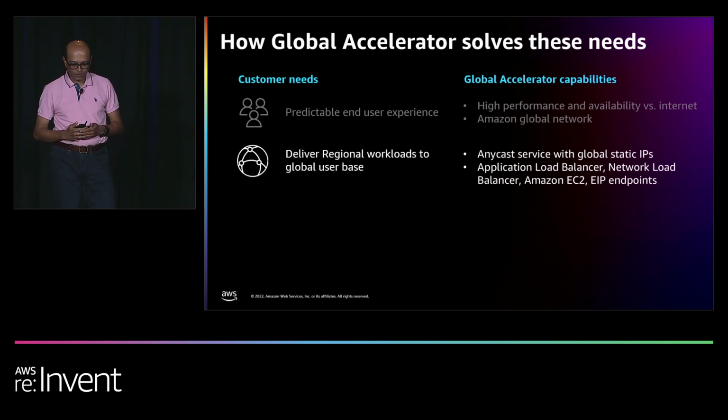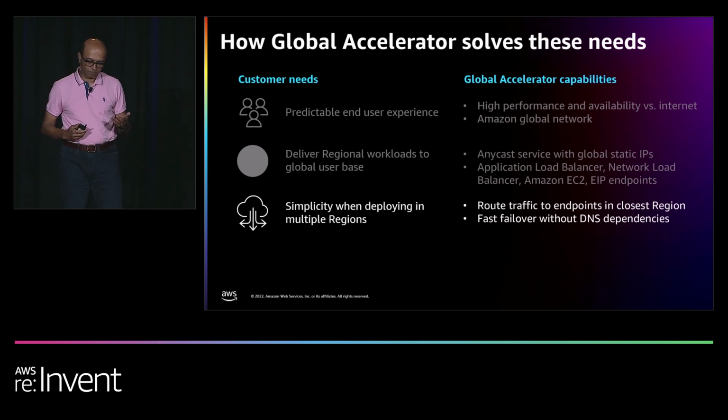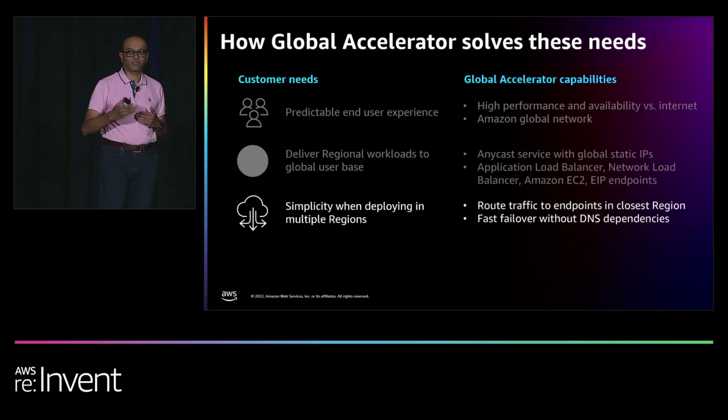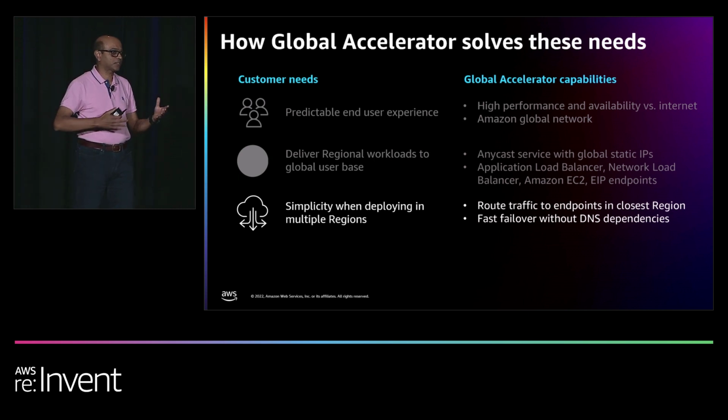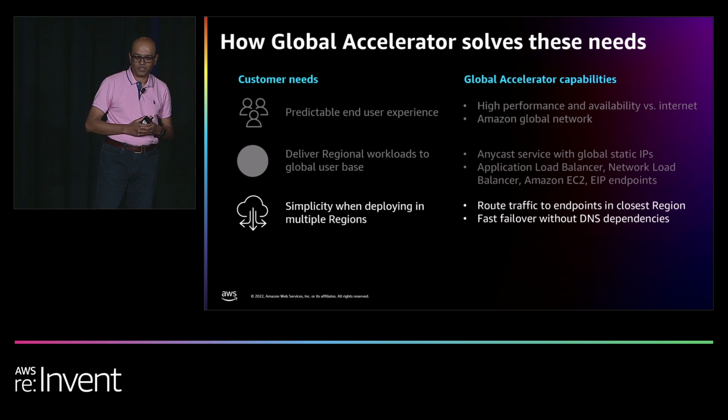Now, when you're deploying in multiple regions, you want to have the power to route traffic to endpoints in the closest region. So for example, maybe your traffic from all your users in Brazil goes to the Sao Paulo region, whereas all of your North American end users continues to go to the endpoint that you have in US East 1.